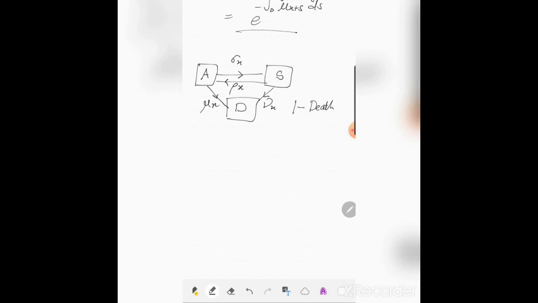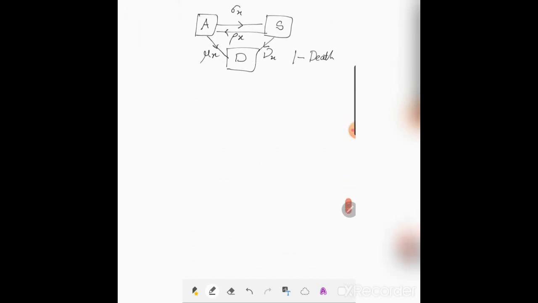So let me assume that from active state he has gone to death, which means I'm interested in finding out tPx, that is, in state active only up to x plus t, and once he's active, from there he's gone to death, mu x plus t.